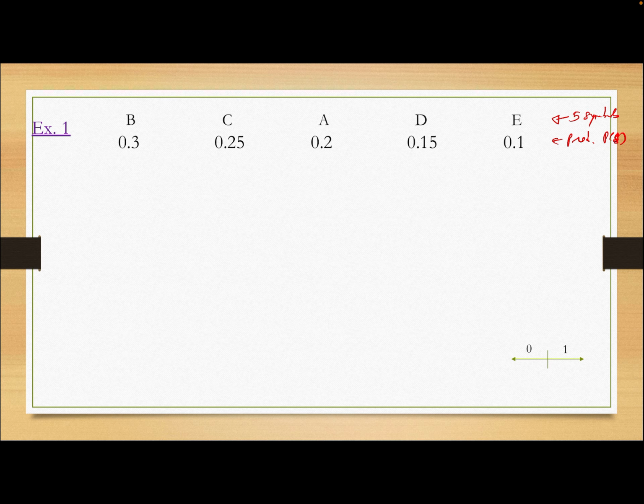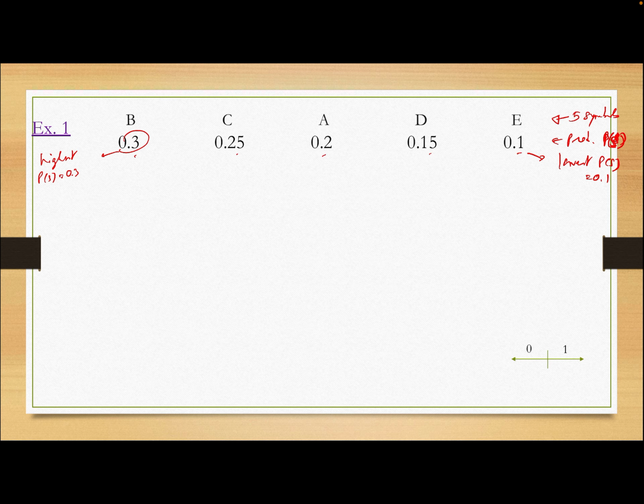You have the 5 symbols that you want to transmit, and each of the symbols has a probability of occurring, PS, like this. This one has the lowest, PS equal to 0.1.